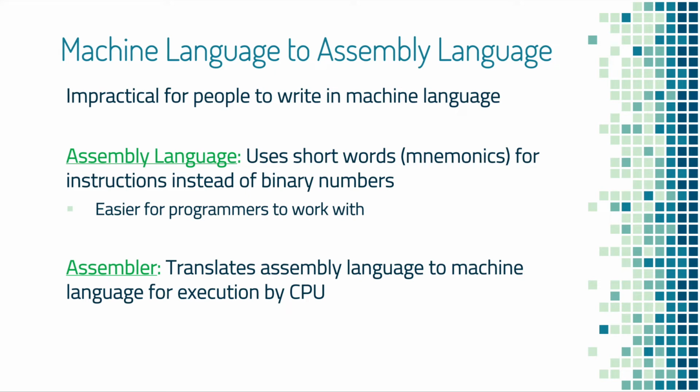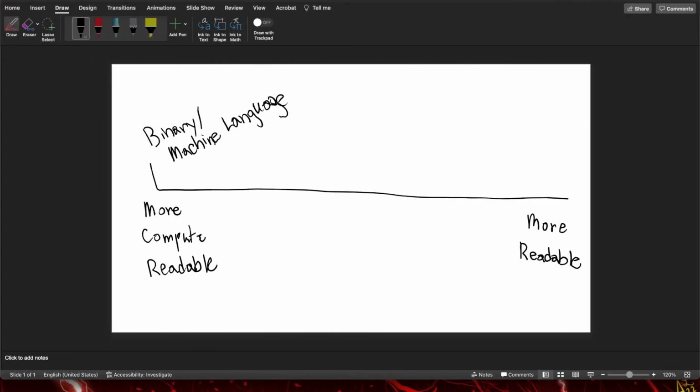So assembly language would pretty much go right here. It's not really human readable, but it's better than binary. So we'll say assembly language right here.